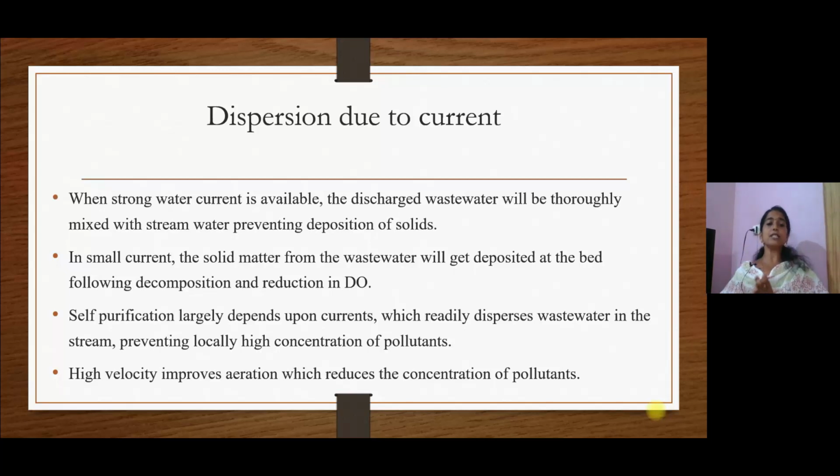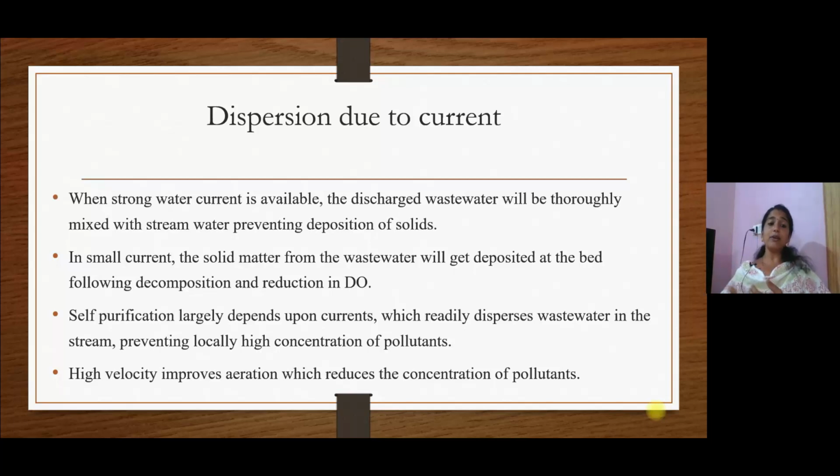Then self-purification largely depends upon currents, which disperse the wastewater in the stream, preventing locally high concentration of pollutants. If the current is more, then the mixing will be more, and the dissolved oxygen content will be more. Then decomposition will happen rapidly, and the wastewater concentration, that is the pollution concentration, will get reduced.